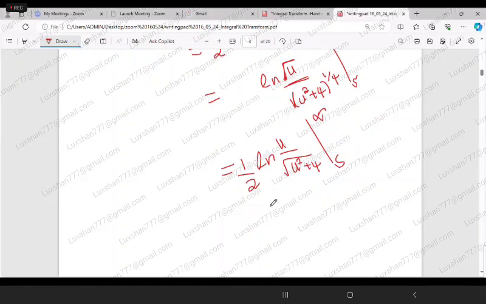So can you tell me the answer of this one? When s tends to infinity, what is the answer?